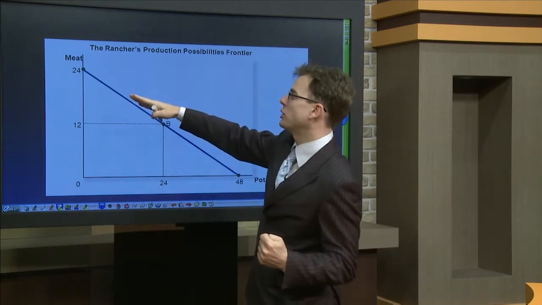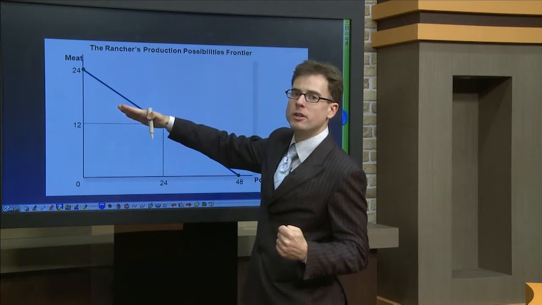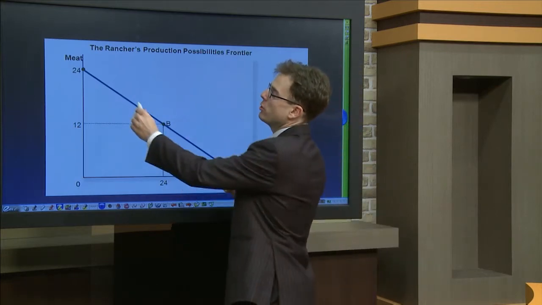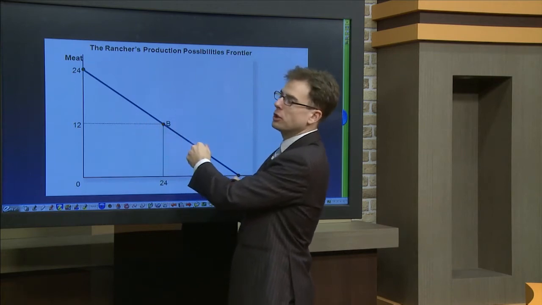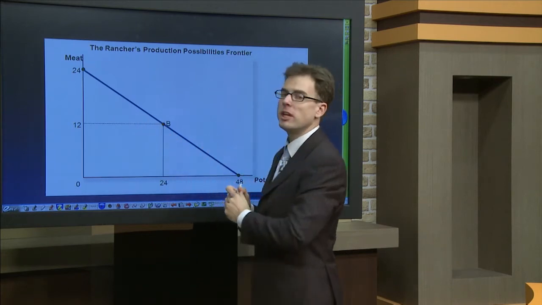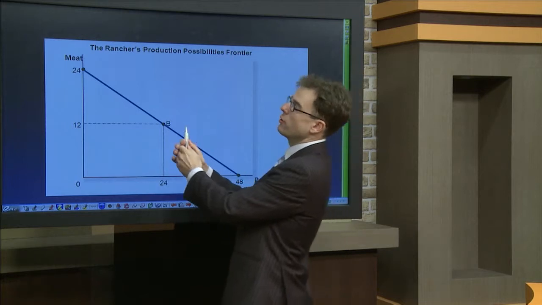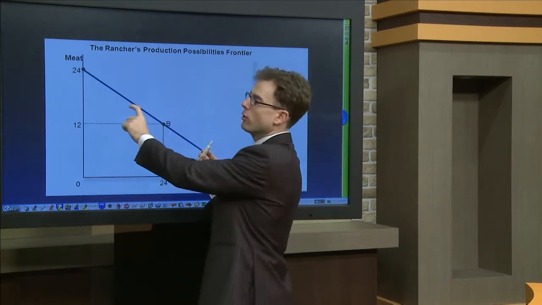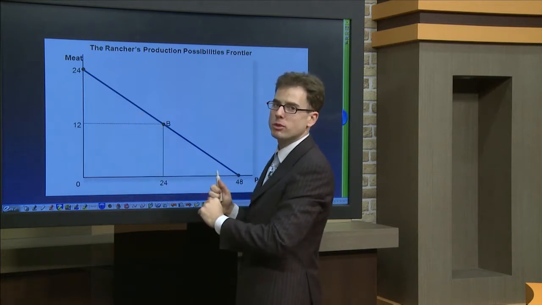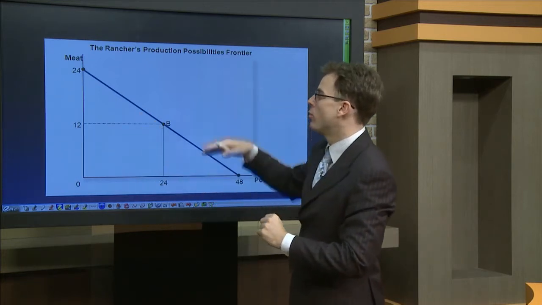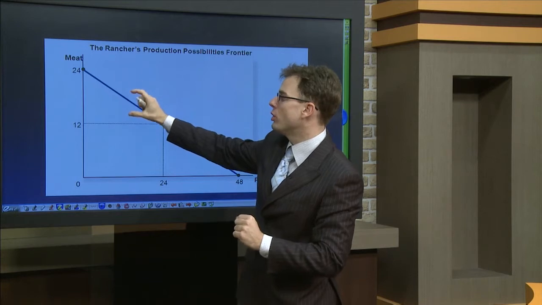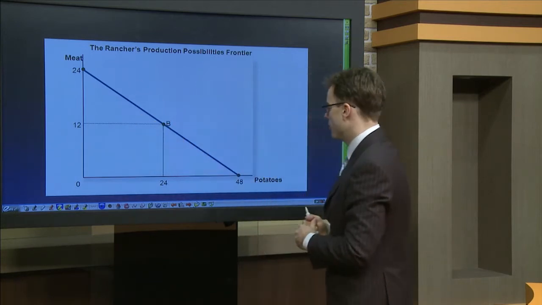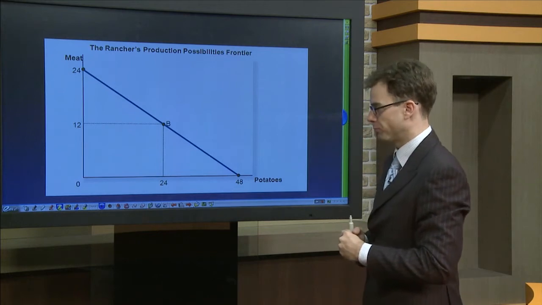Because the farmer's production possibilities frontier was flatter, that implied that if farmer traded off production of meat for production of potatoes, the farmer was able to produce more potatoes for a particular amount of meat given up, whereas a rancher would have to give up more units of meat to obtain a similar level of potatoes.